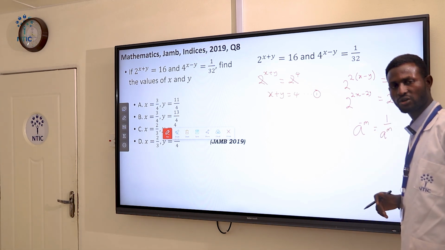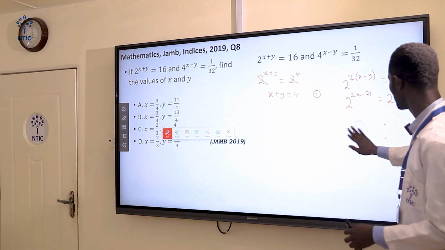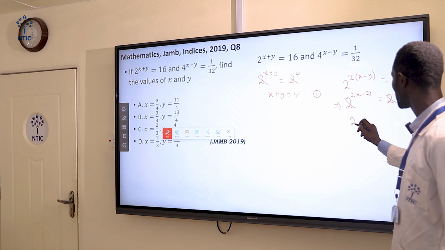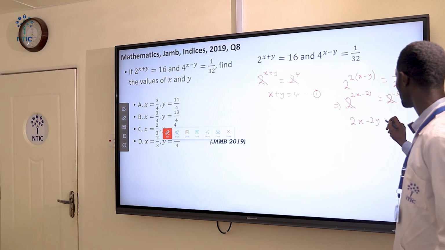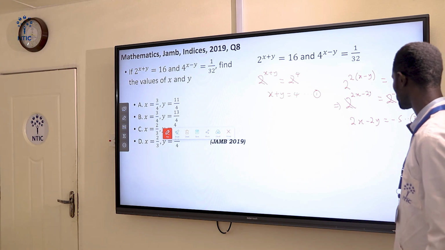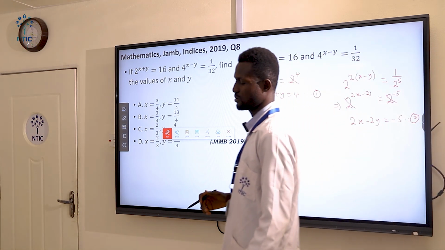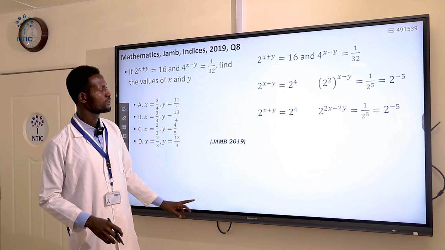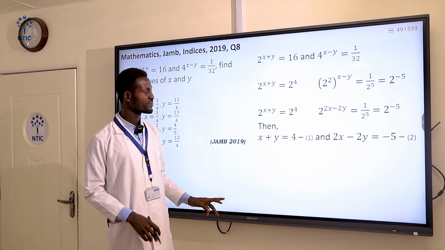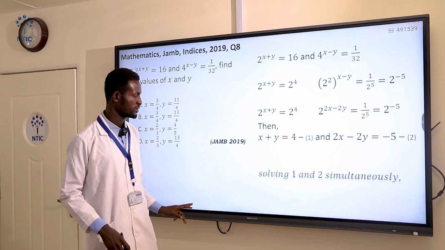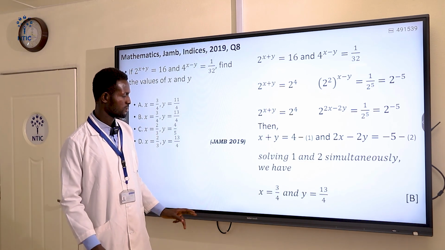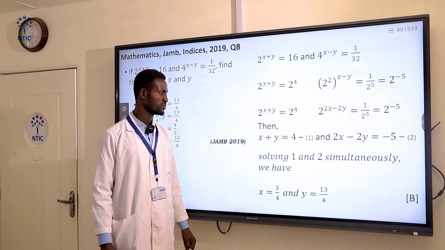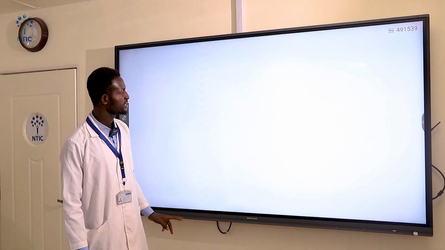That is the law I've just applied. Now here we see that since their bases are equal, their powers must also be equal. Then we have two equations that we can solve simultaneously. Solving these two equations simultaneously, we see that the value of x is 3 over 4 and y is 13 over 4. Then the next example.